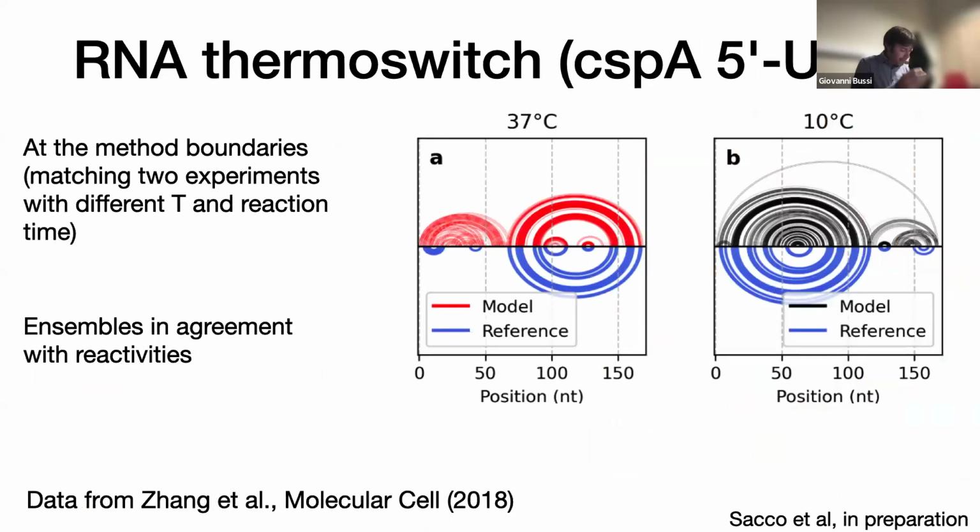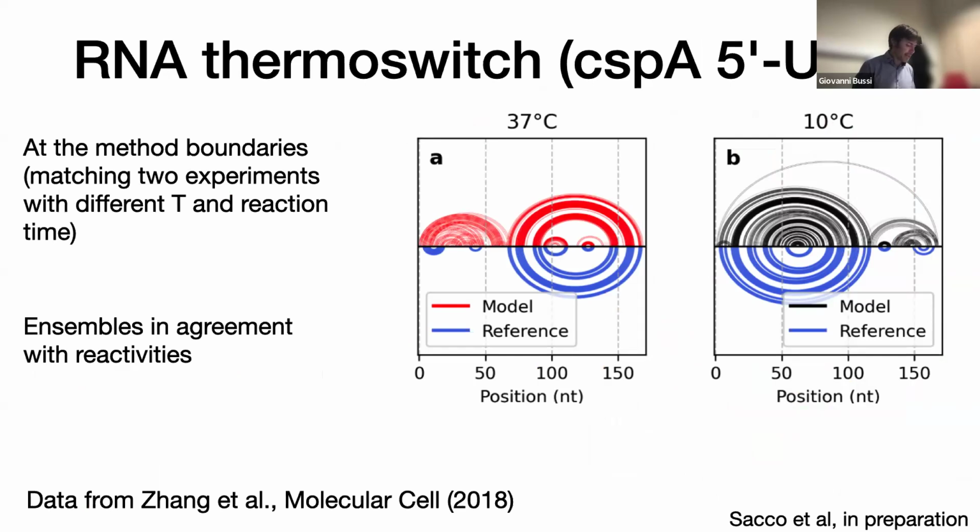So we also try to stretch the model a bit and apply it outside of its comfort zone. As I said, what you expect here is to have experiments that are done in the same conditions. We try to see what happens if you apply it to experiments done in different conditions. Like we try to fit the same physical model to experiments at two different temperatures.